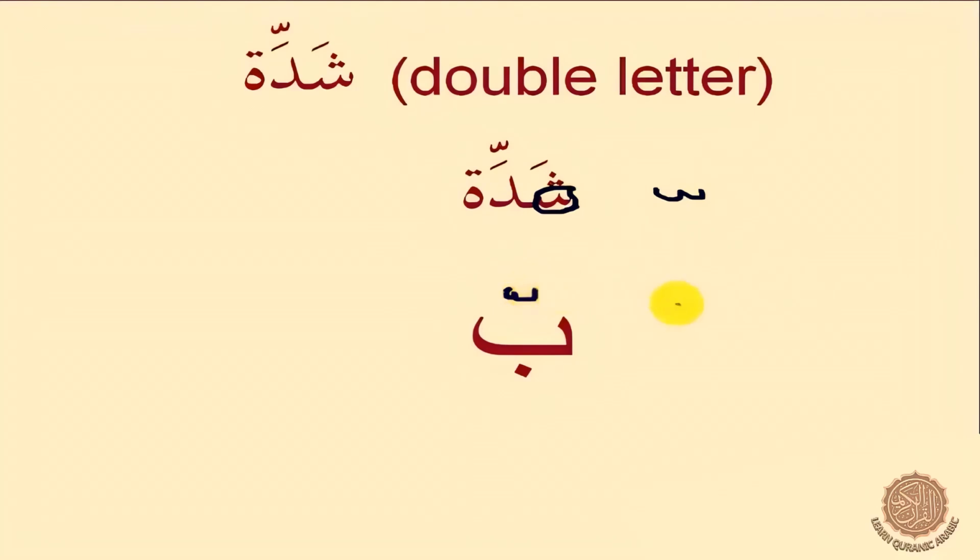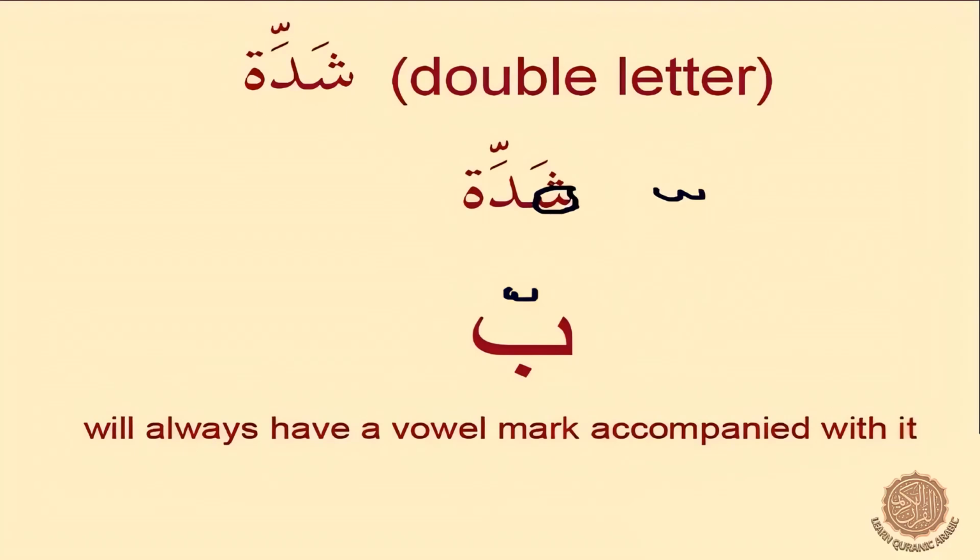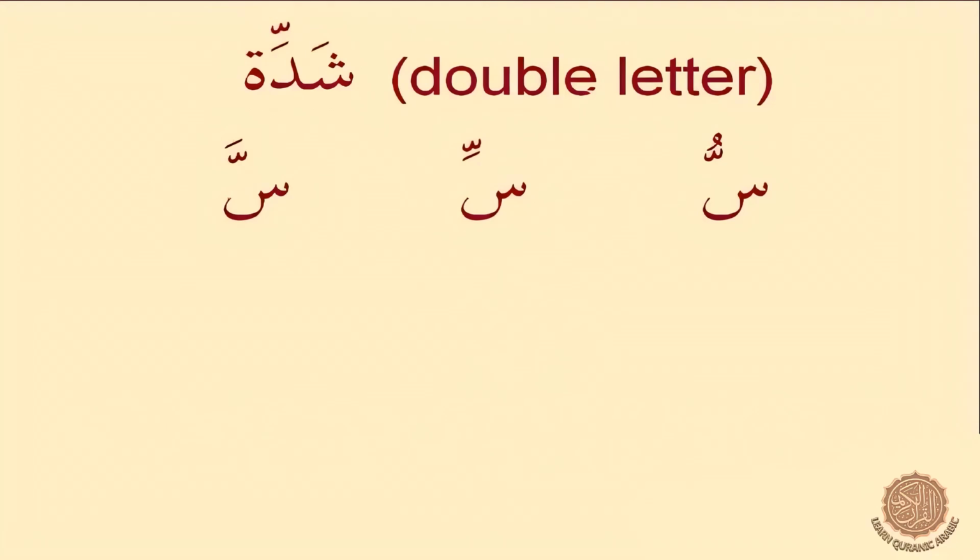That's it there. Now, a point to note is that the shaddah will always have a vowel mark accompanying it. Either the fatha, the dhamma, or the kasra. So, for example, we have here three seens with a shaddah and the three different harakat. As you can see, the shaddah with a dhamma, the shaddah with a kasra, and the shaddah with a fatha.